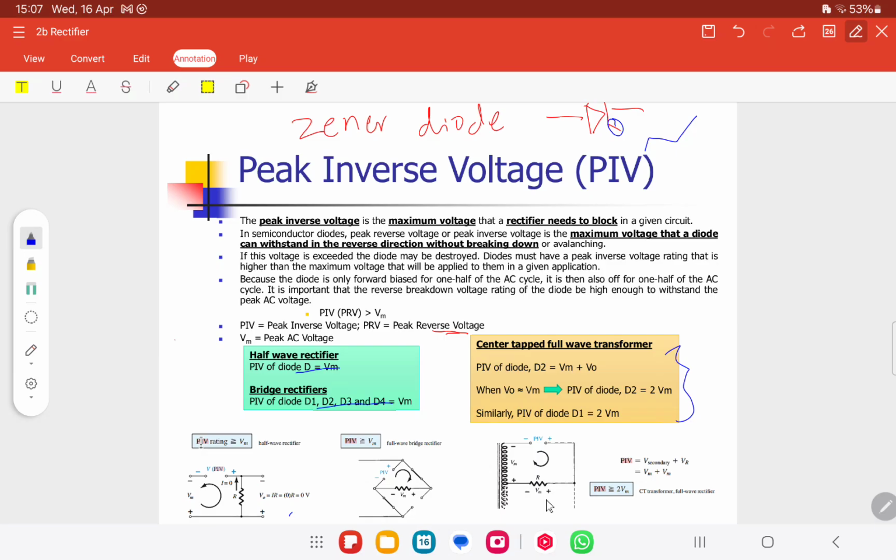So why is it important for us to use diodes in the circuit? Sometimes the diode can act as safety protection. We sometimes call it a protection circuit.